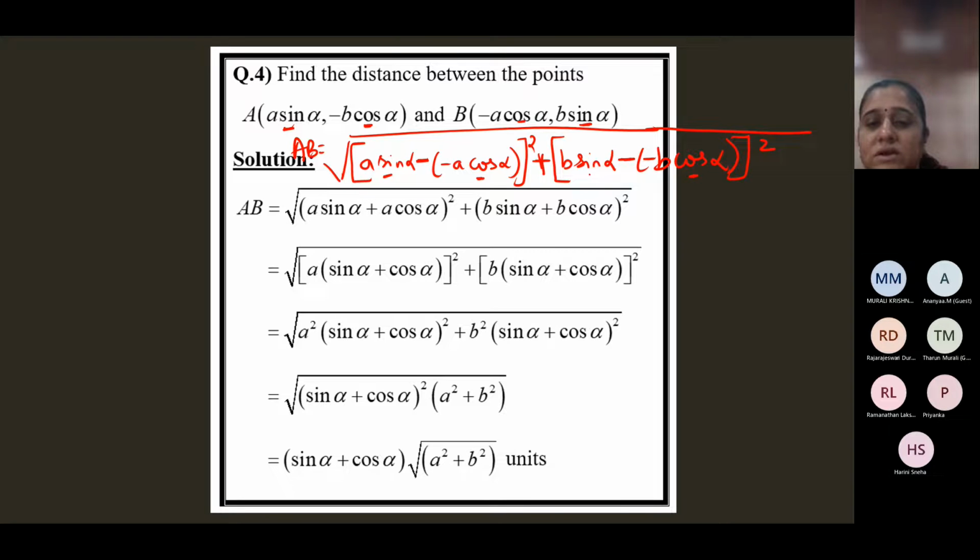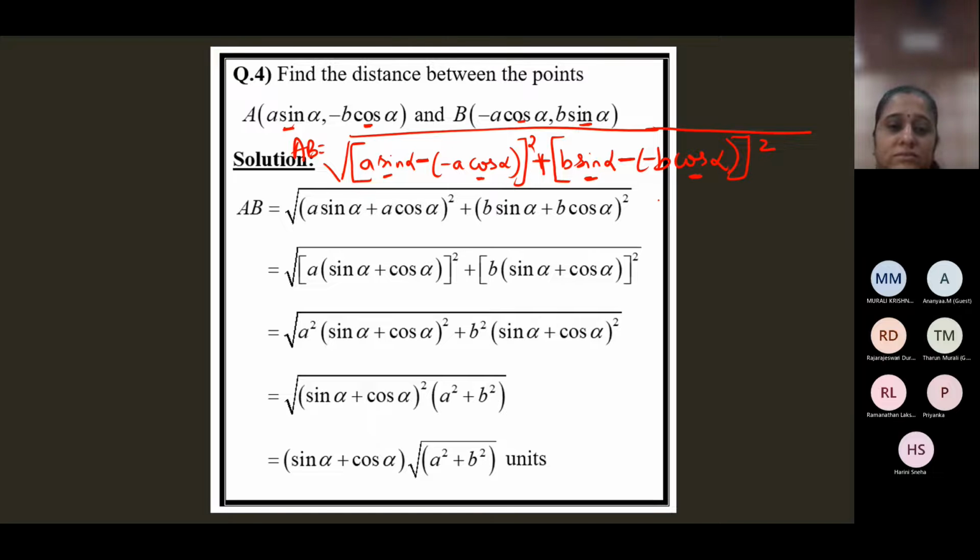You can see the minus here. This is the y coordinate of b. This is the y coordinate of a. Subtract. And that will give you minus into minus plus.